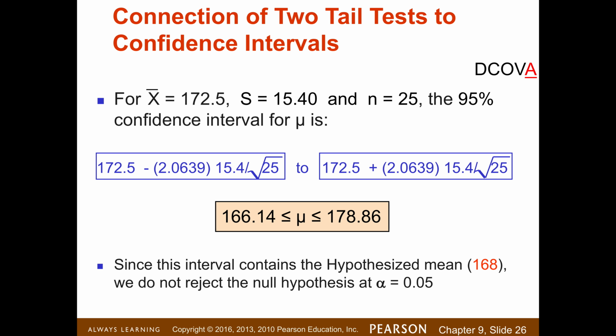So same thing, connection from t-test to t-intervals. You can see that this interval does contain the hypothesized value of 168. So that leads us again to not reject the null hypothesis.